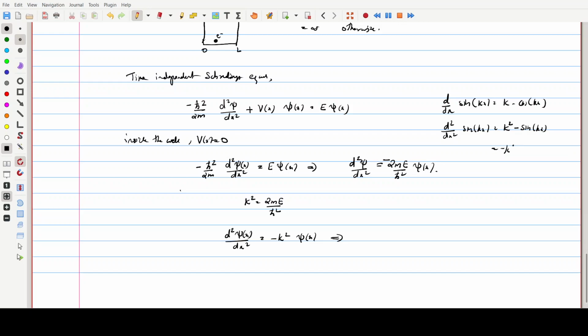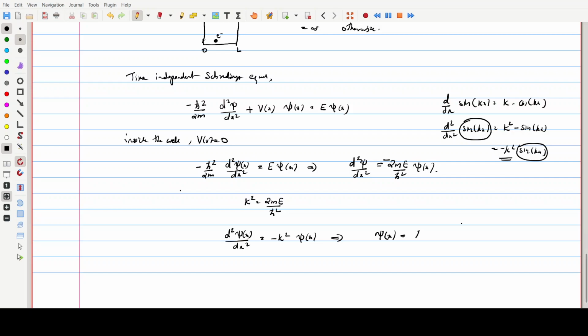So it is minus k squared sine kx. So if you take the second derivative of sine kx, you will get sine kx with a minus k squared outside. Similarly, if you take the second derivative of cos kx, then you will get cos kx with minus k squared outside. So this implies that this wave function must have two solutions, sine kx and cos kx.